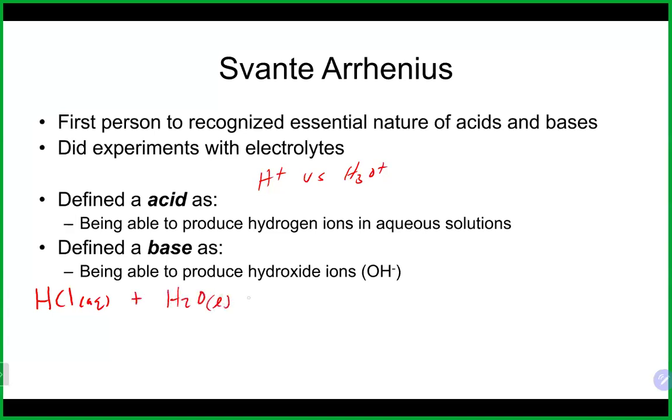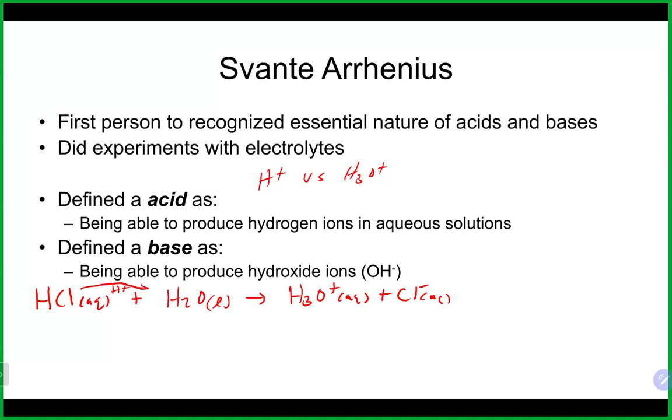If you do react it with water in your equation, it's going to send the H plus over here, and that is where you will produce H3O plus and Cl minus. There's nothing wrong with that equation, and a lot of books will show the equation written like that with the water for a strong acid.